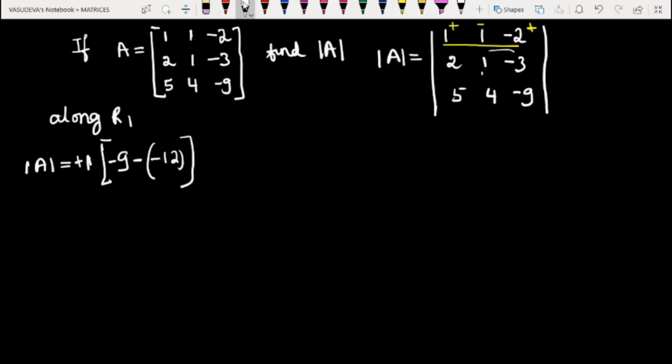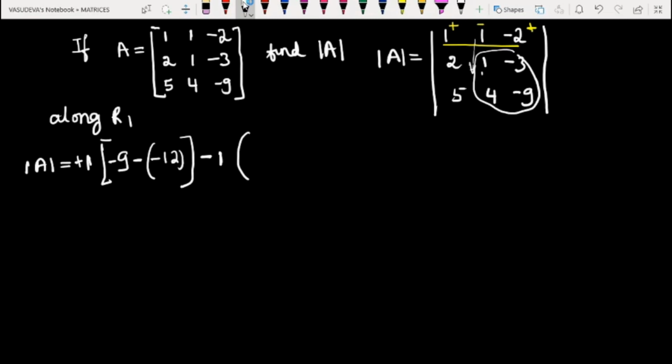Next, the sign is minus, and the element is 1, leaving the elements of the first row and the second column, because 1 lies in the first row and second column.